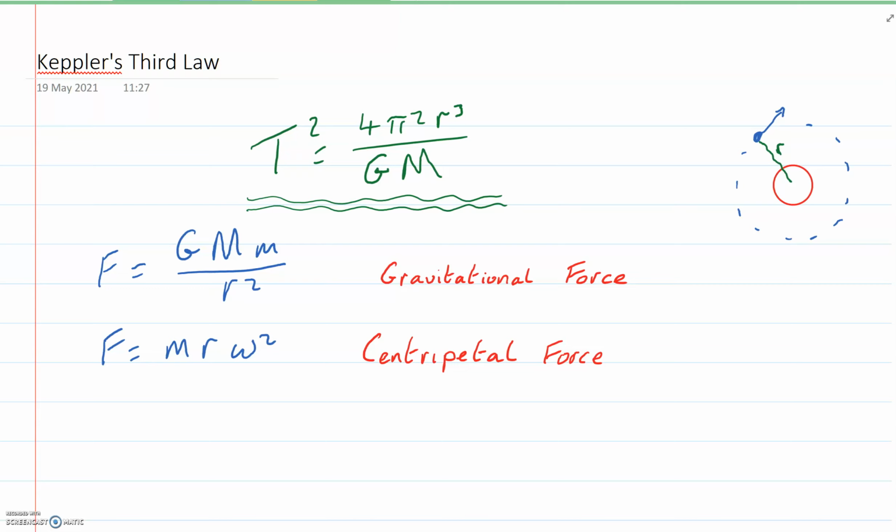Two formulas that we start off with. If you think about the satellite up here, it's obviously going in circular motion, and we know anything that travels in circular motion must have a force which we call a centripetal force that keeps it traveling in the circle. Without that force, it's going to travel in a straight line according to Newton's first law.